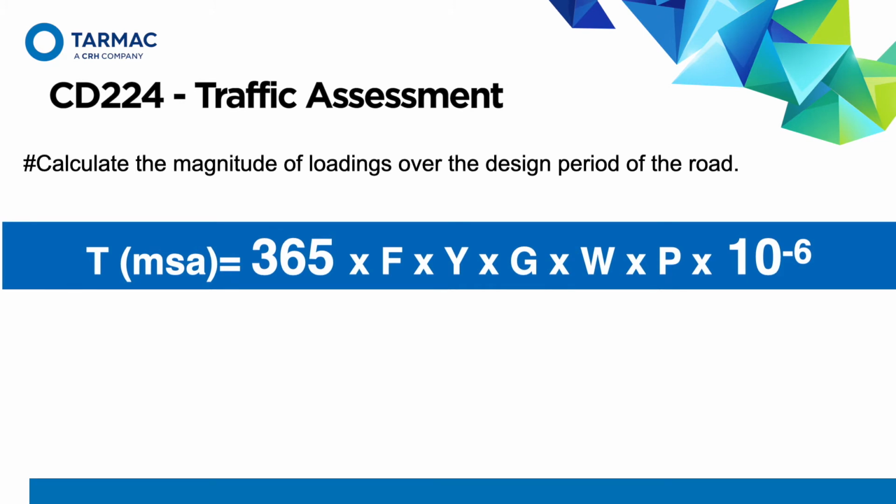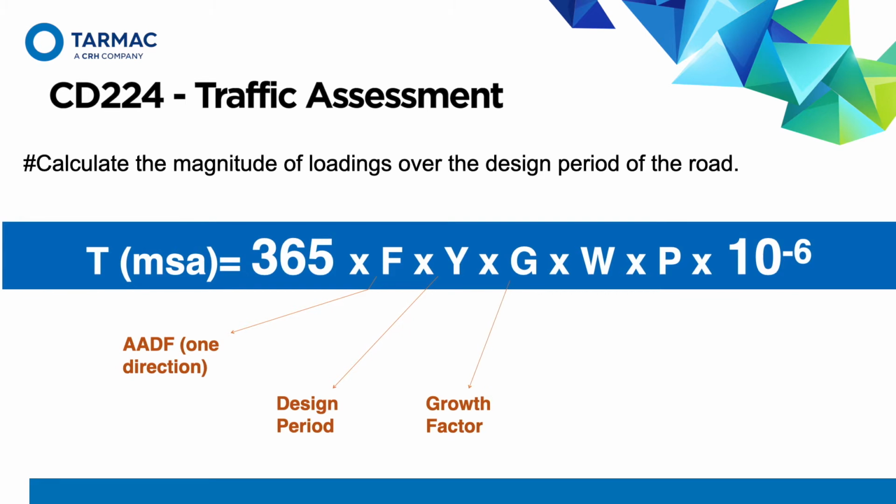The equation is T, the design traffic, equals 365 times F, the annual average daily flow in one direction, times Y, the design period, times G, the growth factor, times W, the wear factor, and times P, the percentage of commercial vehicles in the heaviest loaded lane. So the equation stays the same. However, the details of the parameter calculations have slightly changed.